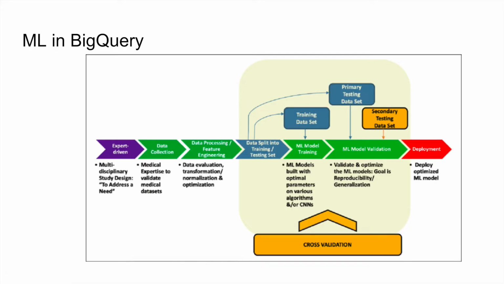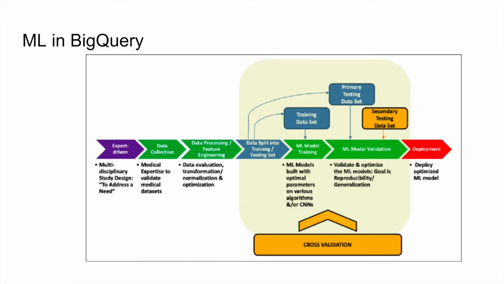The second step is to process the data, do some feature engineering on top of that, obviously splitting the data into training and test set, then building your machine learning model, choosing the correct algorithm, optimizing your parameters, or what we call hyperparameter tuning, and then validate your model against different error metrics. Obviously, the ML model training and ML model validation will have multiple steps. And once you are satisfied with your model, you will deploy that model.